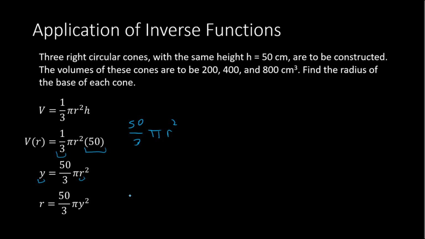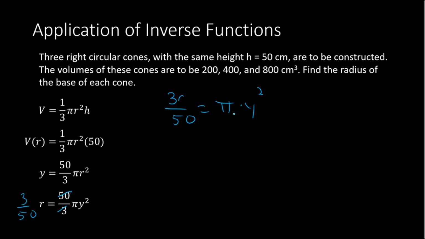All right, and then from here, we need to solve for y. So we need to get rid of the 50 over 3 and the pi and the squared. Well, to get rid of 50 over 3, we can multiply both sides by 3 over 50. So we have 3r over 50 equals pi times y squared.